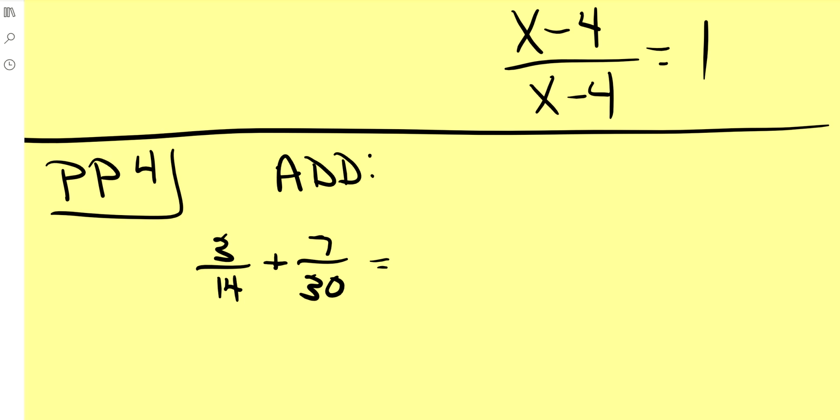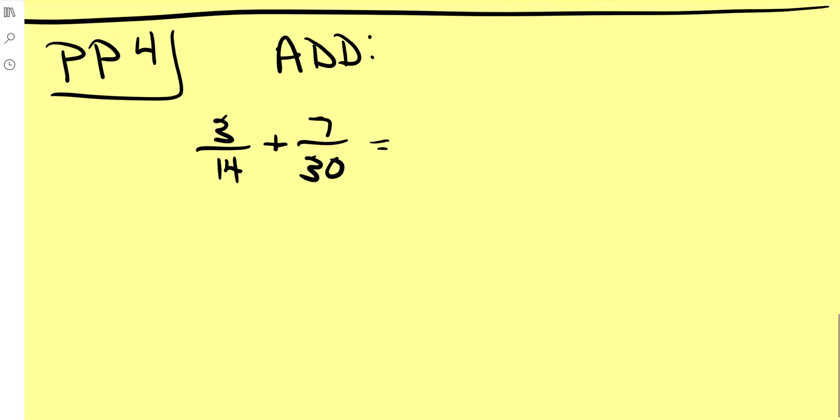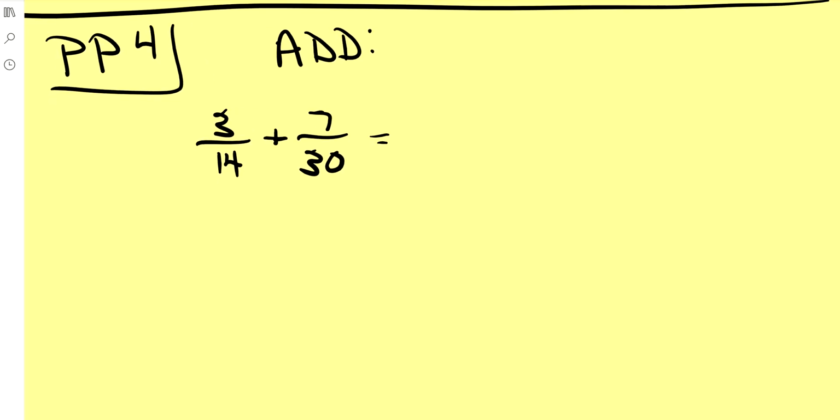Okay, here we are with adding practice problem 4. Okay, so we've got two fractions where the denominators are different, and I want to add these together. And the goal is to get the denominators to be the same. And this is kind of cool because we can cheat a little bit here.